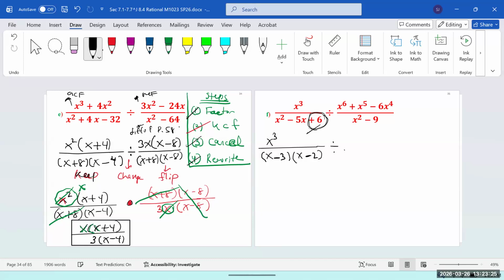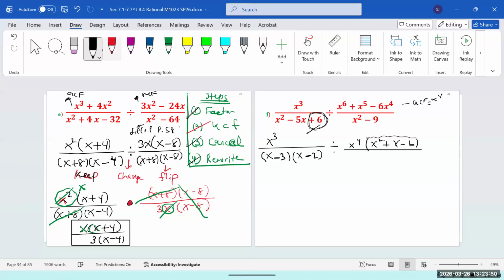Now the right side. We need more space. Who would like to try, Nayari? GCF is x to the 4. So you factor out x to the 4. And what do you have? X squared plus x minus 6.